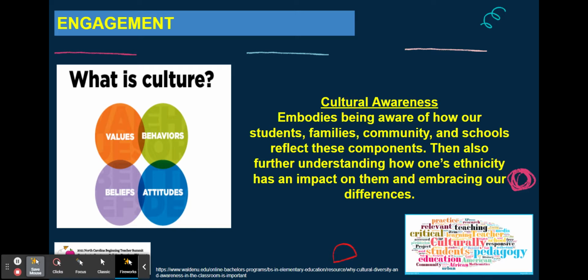When I think about culture, I think of being culturally aware of what your school embodies.